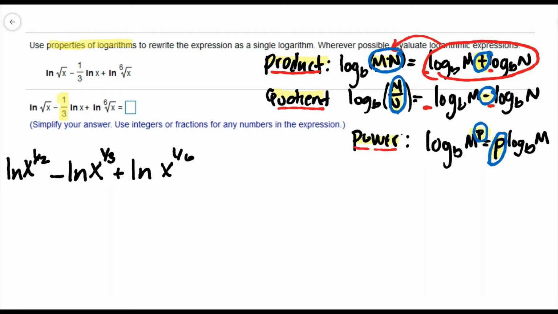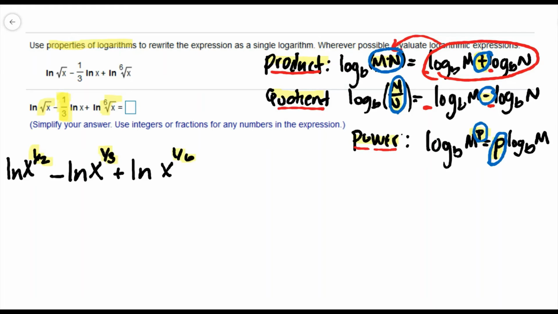That makes all of the expressions in exponential form. So I've taken care of that power rule with the power out front. The power rule moved that 1/3 to the power. And I've also changed the radical square root to 1/2, the 6th root to 1/6.